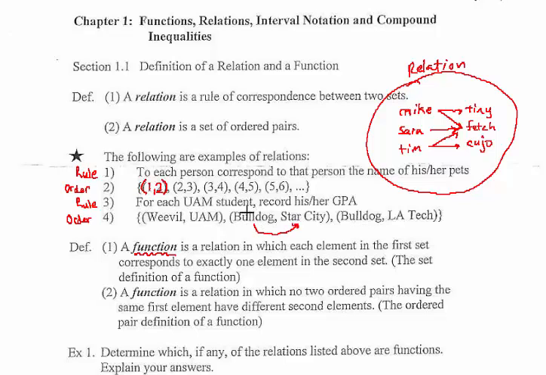This is our first ordered pair here, and this is our second ordered pair. There are 2 ordered pairs in this relation, and in both of them, Bulldog is assigned to a different second element. It's assigned to Star City and it's assigned to LA Tech. So number 4 is a relation, but it's not a function. A first element is assigned to more than one second element.